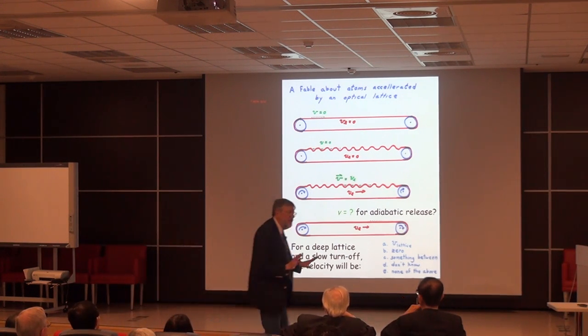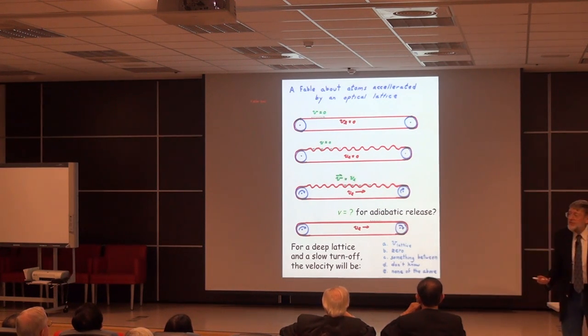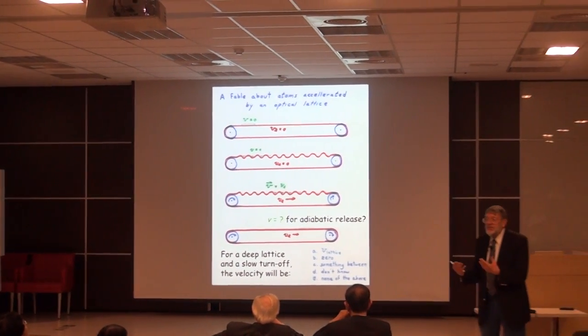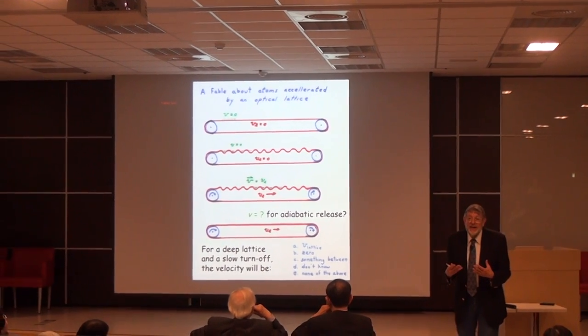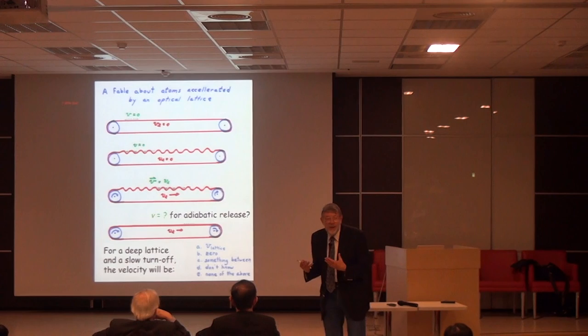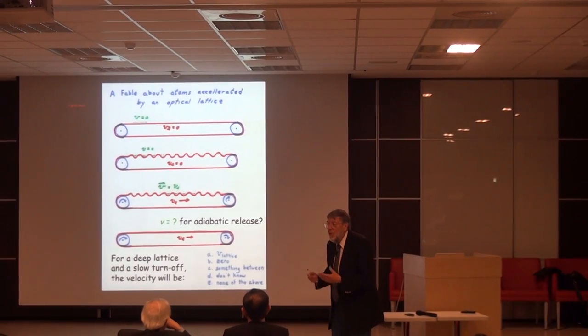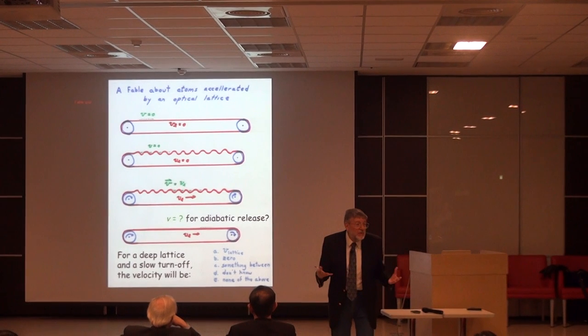Now, one of the things I want to remind you of, this is a simple problem in condensed matter physics. It's especially simple because this is what we call a single particle problem. There's no interaction between the atoms. I'm going to get the same answer if I've got one atom or if I have a million atoms if they don't interact with each other.